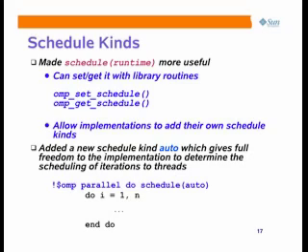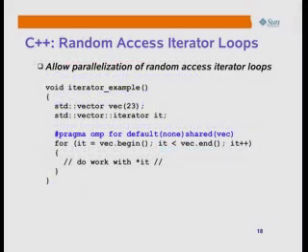One more addition in 3.0 is random access iterator loops can now be parallelized. So for example, this is a for loop, and you have an iterator IT, a random access iterator, as your loop index. This kind of loop can now be parallelized.